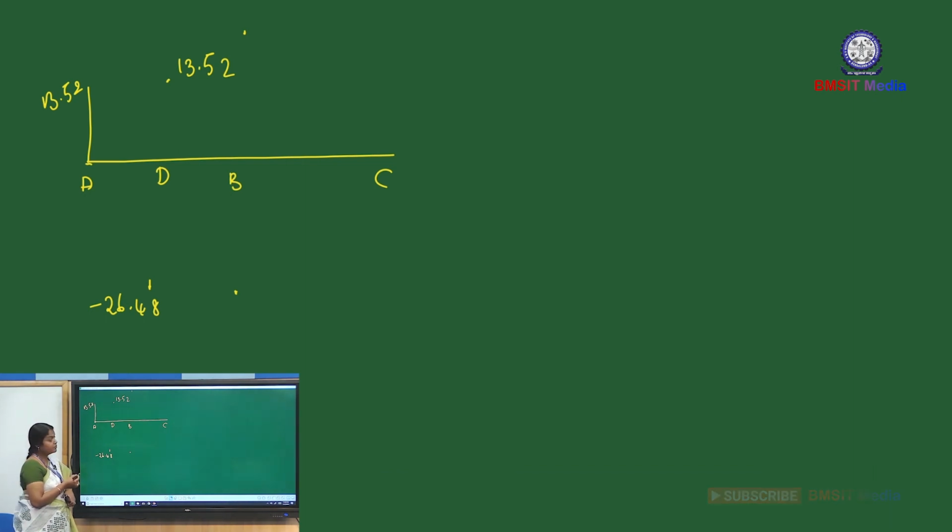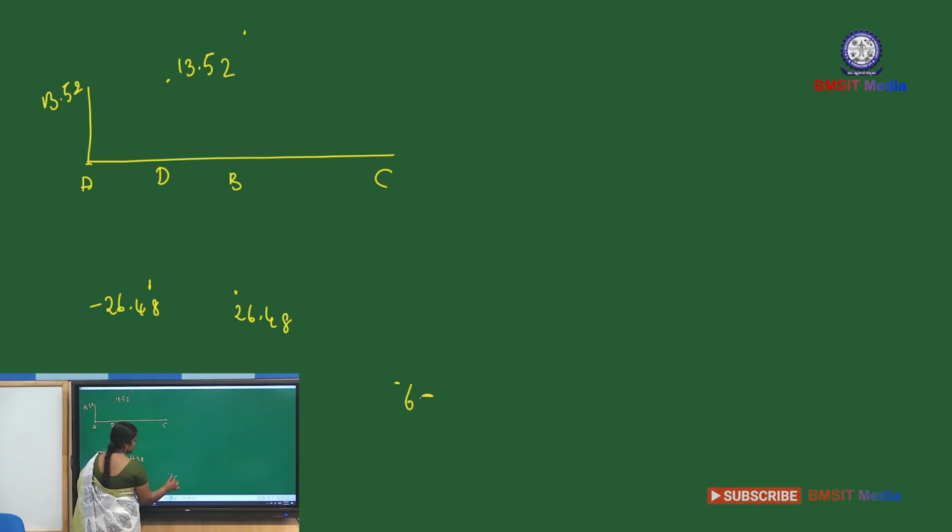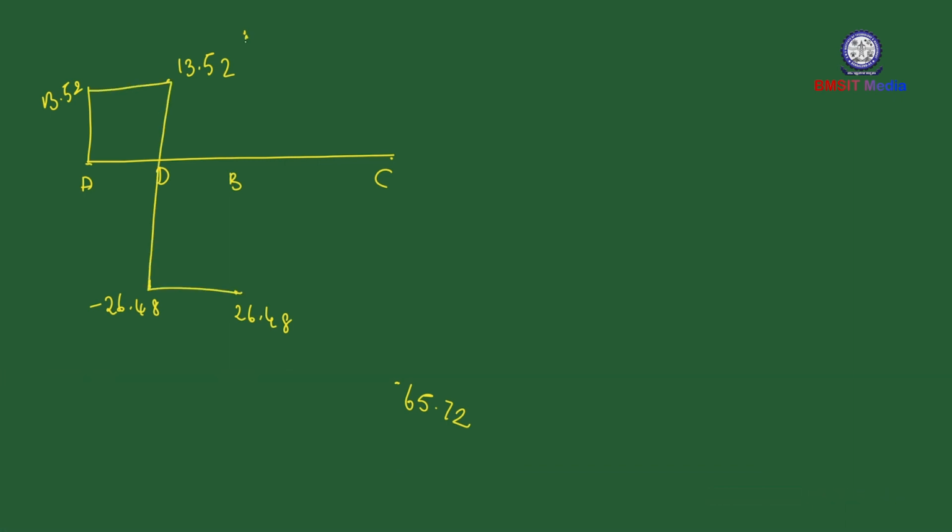Then C11 is minus 65.72. C11 minus 65 means somewhere here, because this is 26.48 minus 65.72. C22 equals 0. Now we have to connect all these points. This is 54.28.